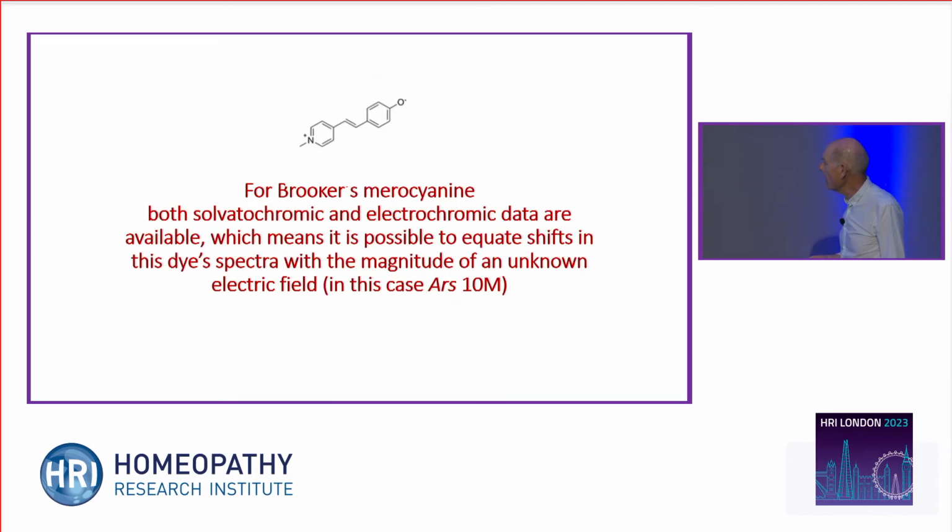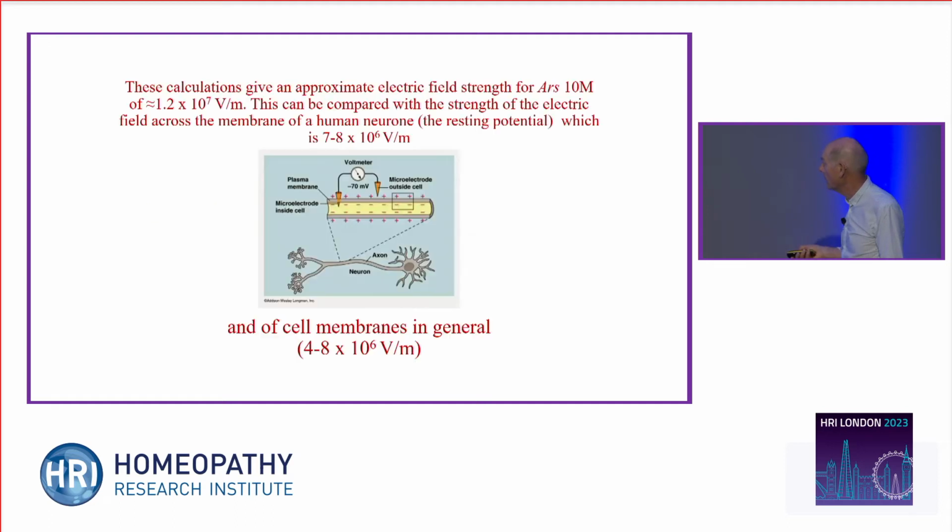Now, for Brucher's merocyanin, there's both solvatochromic and electrochromic data available, which means that you can take the shift in the spectrum seen with a potency and then correlate that with what sort of electric field there might be associated. In this case, it's arsenicum 10M.